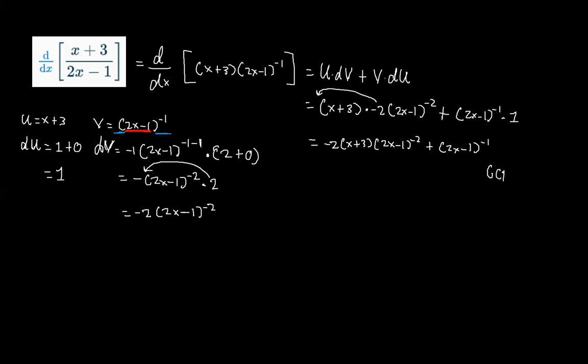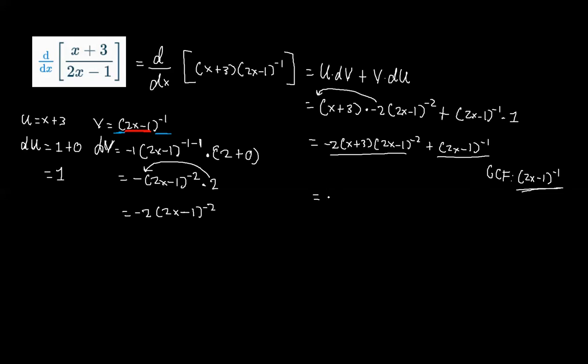The GCF of this expression is 2x minus 1 raised to negative 1, because this term and this term are both divisible by it. Hence, I can factor it out.